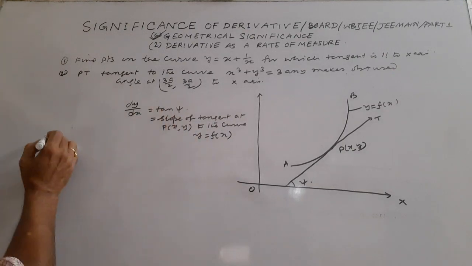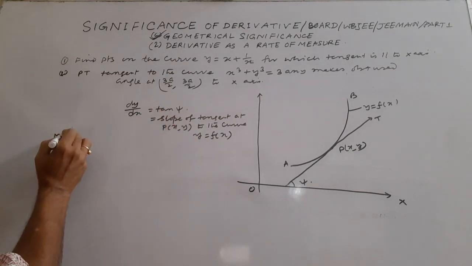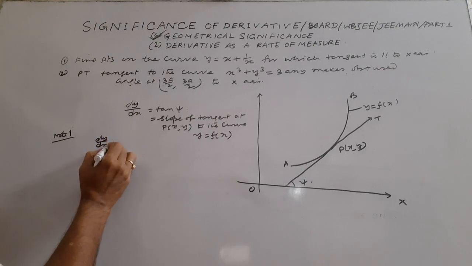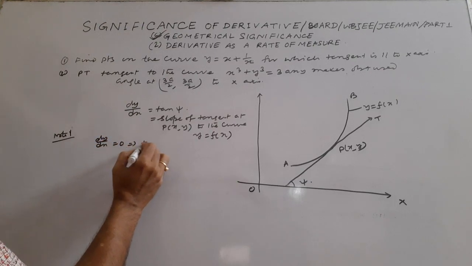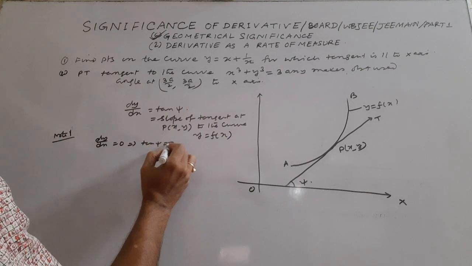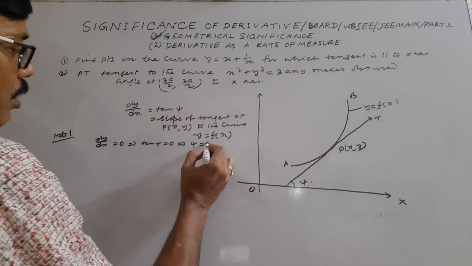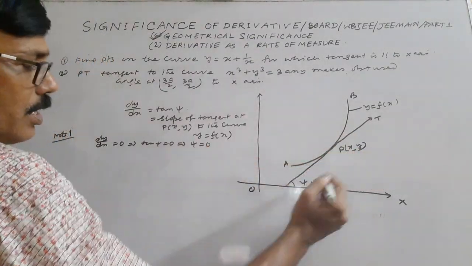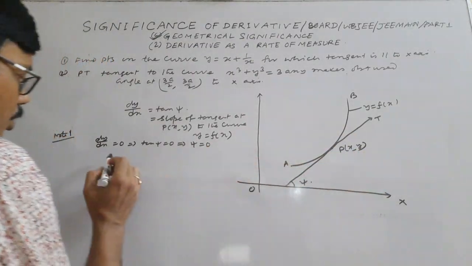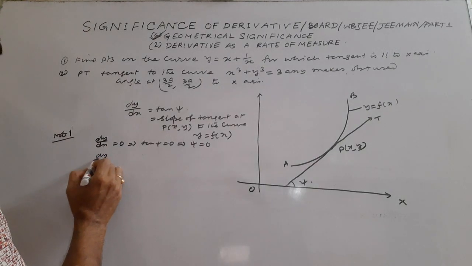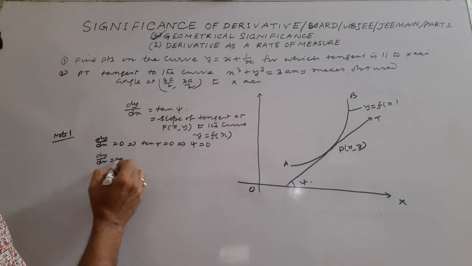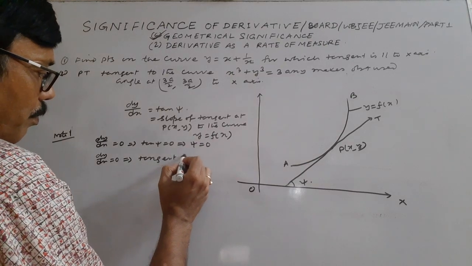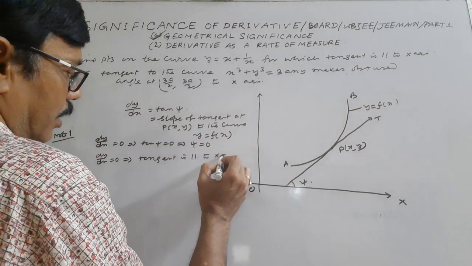Now note: if dy by dx equals 0, this implies tan psi equals 0, which implies psi equals 0. Psi 0 means this angle is 0. So dy by dx equals 0 implies the tangent is parallel to the x-axis.